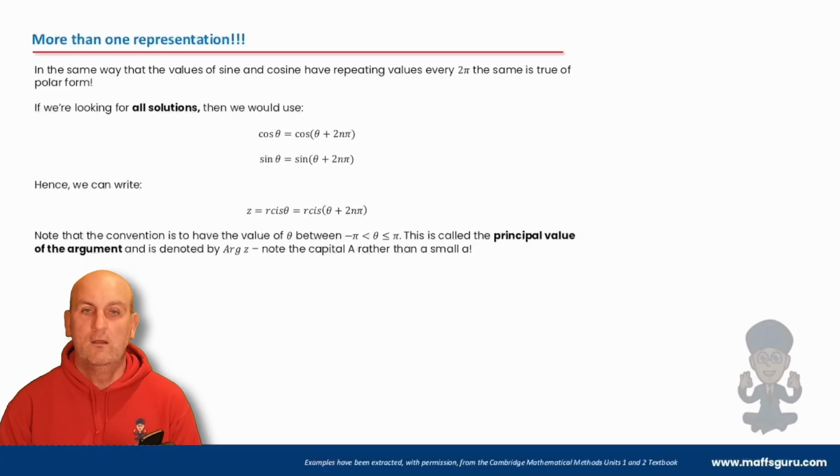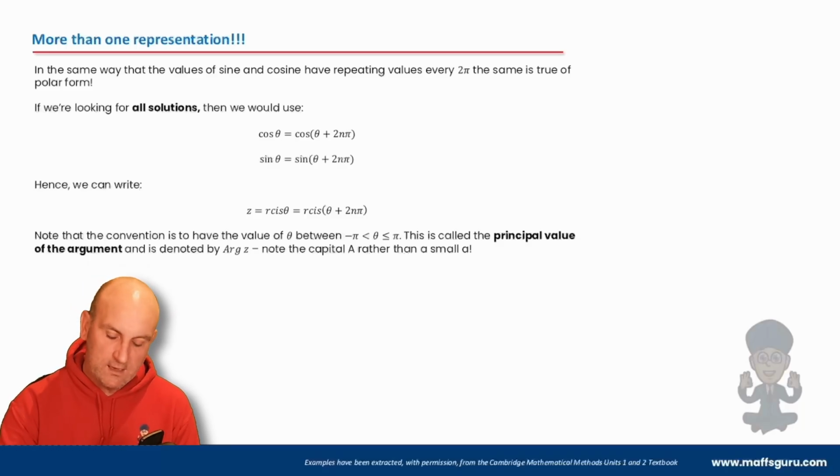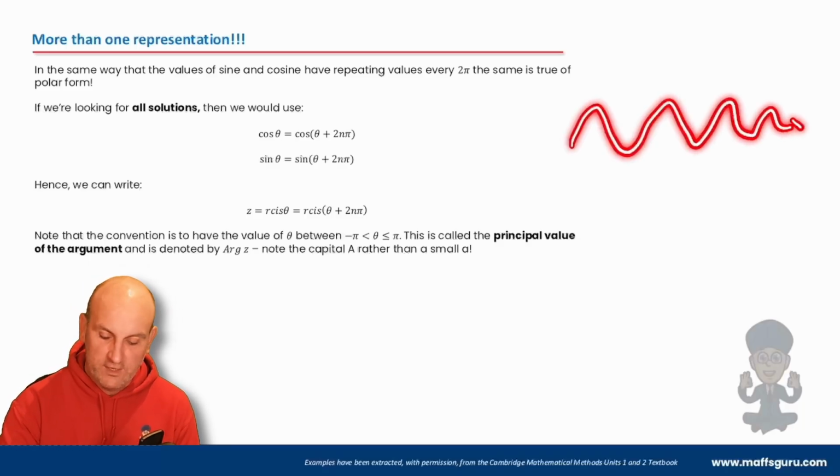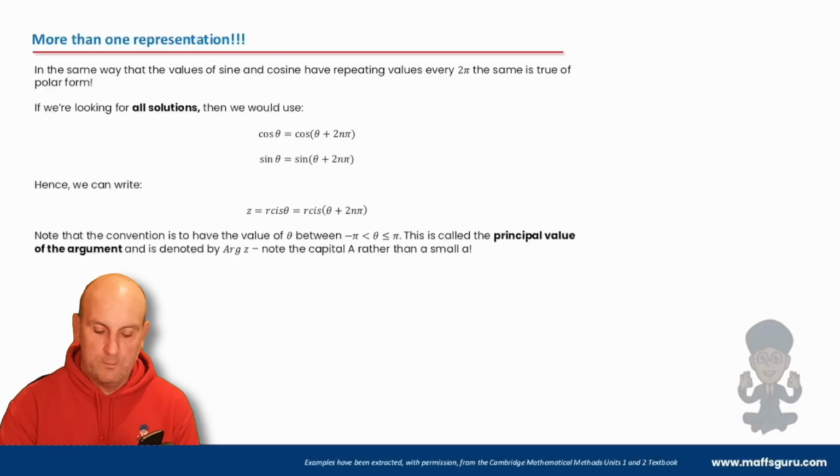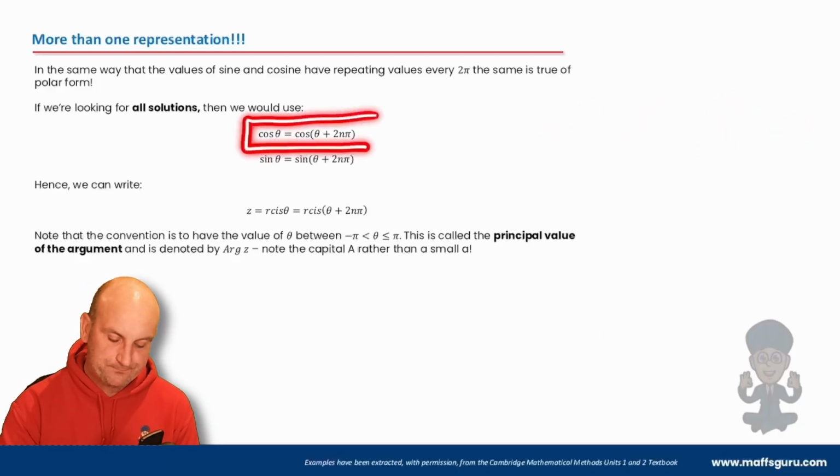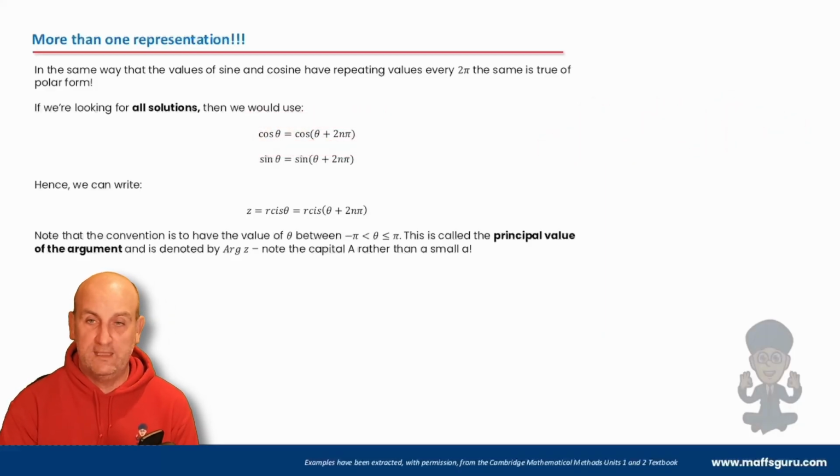Moving on. Right, there is more than one representation for r cis theta. Because we know that sine and cosine go on and on to infinity and beyond. So it would make sense that cos theta could be expressed as cos of theta plus 2n pi, where n is in all of our integer values.